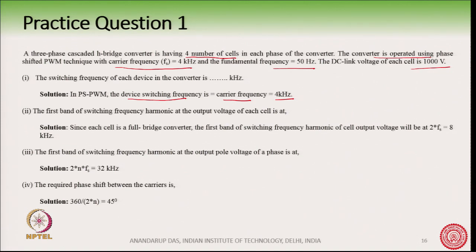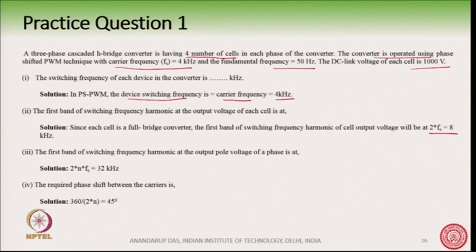Each leg is switching at 4 kilohertz, but when you see the cell output voltage, you will see the first band of harmonics at 2 times 4 kilohertz, that is 2 Fs, which is 8 kilohertz.